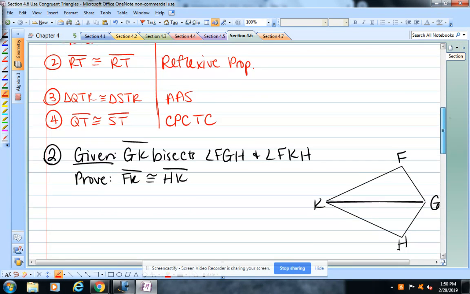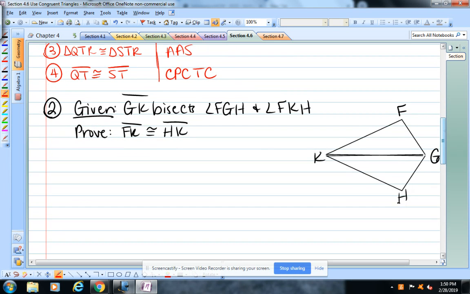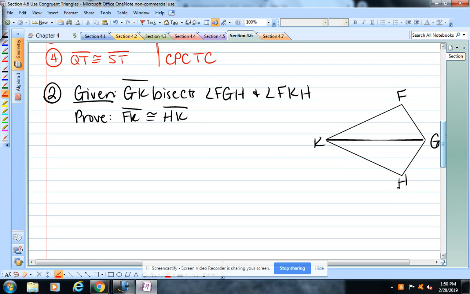Y'all ready to go to the next one? This one looks like a kite. So that's all we're doing in this section, is writing proofs.